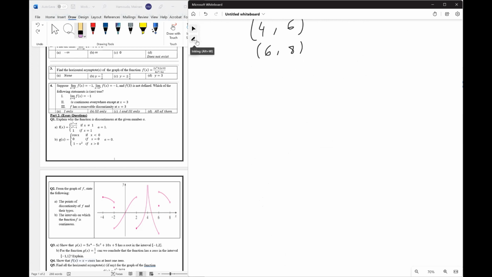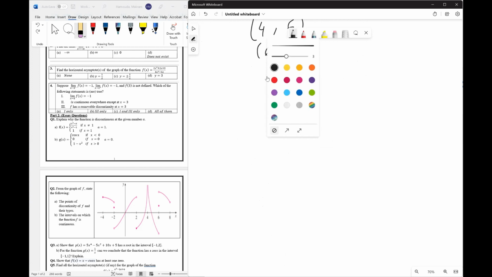Okay, question 3. We need to show that this function has a root in the interval -1, 2. So this is what we call the IVT here. Question 3a.